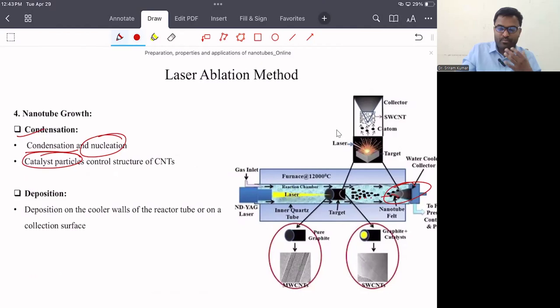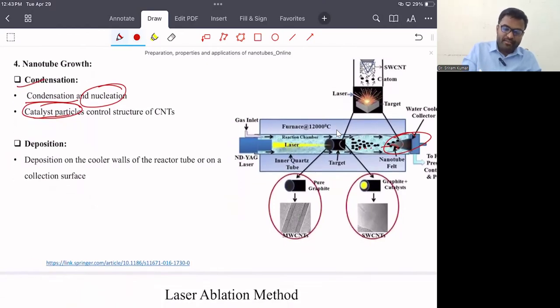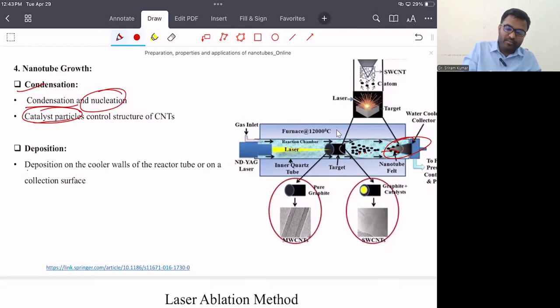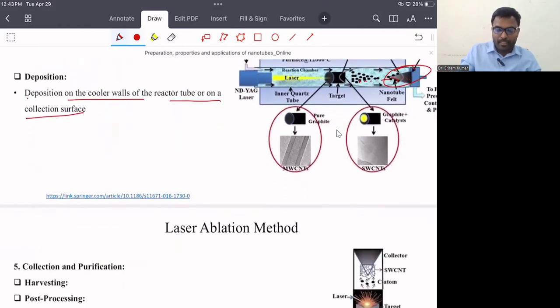Here carbon atoms and the catalyst are both present, and the catalyst particles control the structure, whether single wall or multiwall CNT. We need to use a low temperature on the wall of the reactor tube so that the plasma condenses over the cooler surface, forming the CNT.